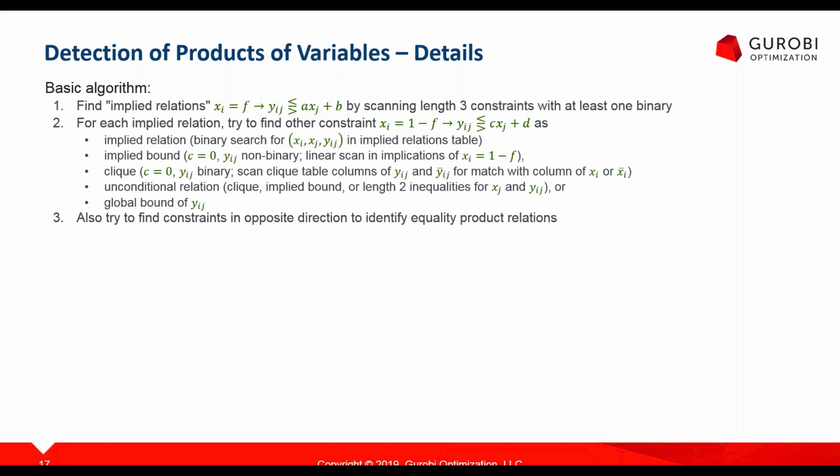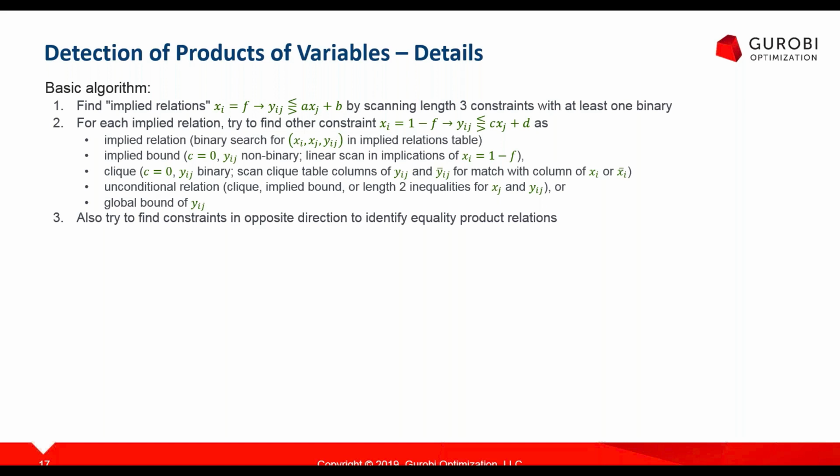So now we are looking for a clique in which both xj and yij and xi appear. So that means we just need to scan these two columns and look for a matching clique index. That should be fast as well.